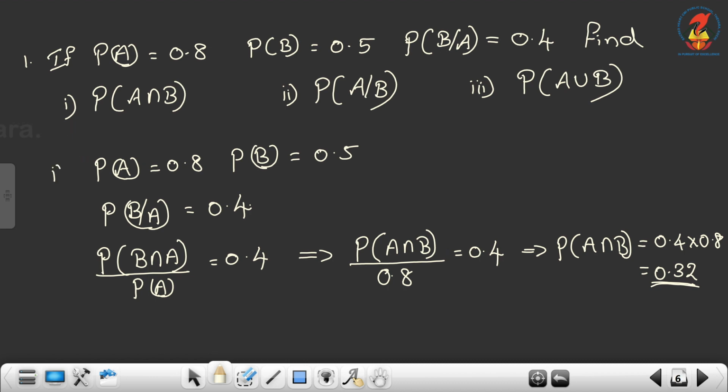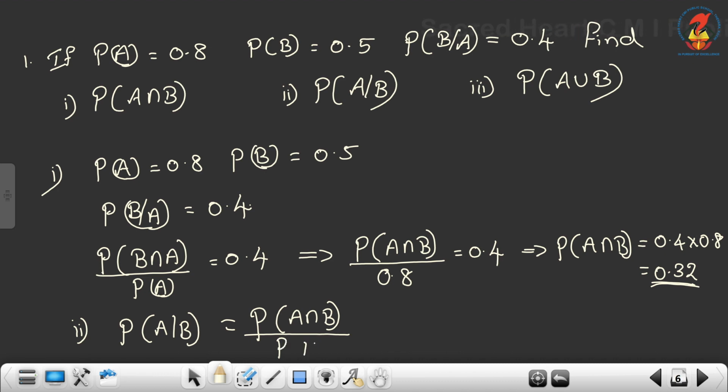That's the first one. Now the second one, P(A given B). How do we write P(A given B)? P(A intersection B) divided by P(B).